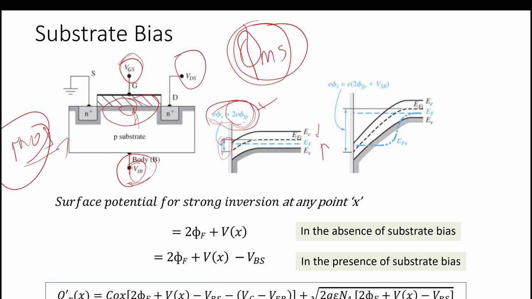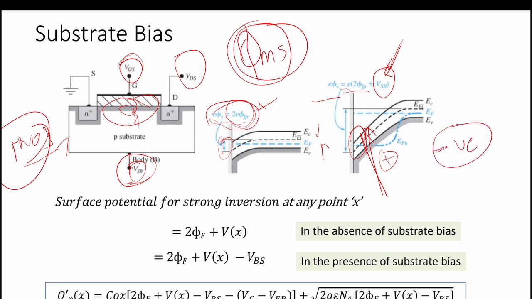But as we apply the substrate bias, that will modify the concentration of the electrons at this junction, so it will be equal to 2 phi p plus VSB. The substrate is p type, so the potential applied is negative.